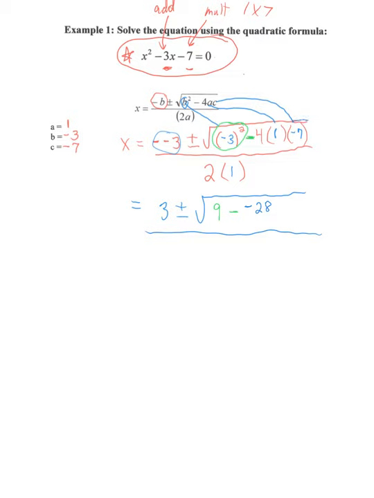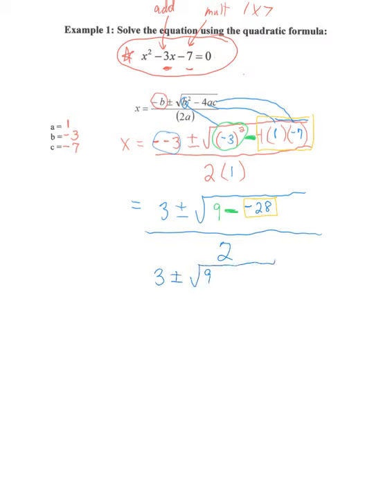So this calculation here in yellow turns out to be this calculation, and we still have that subtraction sign there. And keep in mind, it's all over 2 times 1, which is 2. So we're getting there, and I'm going nice and slow. The next problem will move a little quicker.